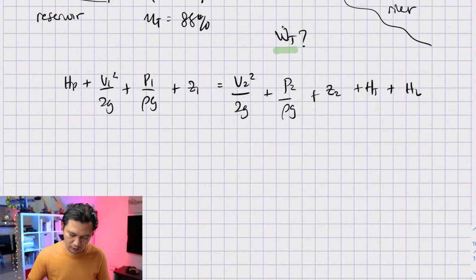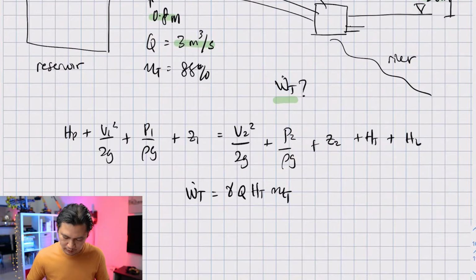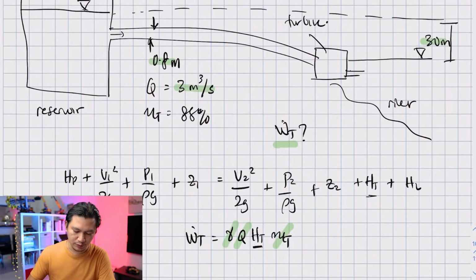We are looking for W dot T, which is gamma Q HT eta T. Of course, what we have now is eta T, we have Q and we also have gamma. What we really need now to solve this equation is just HT, and we are going to get HT from this equation.